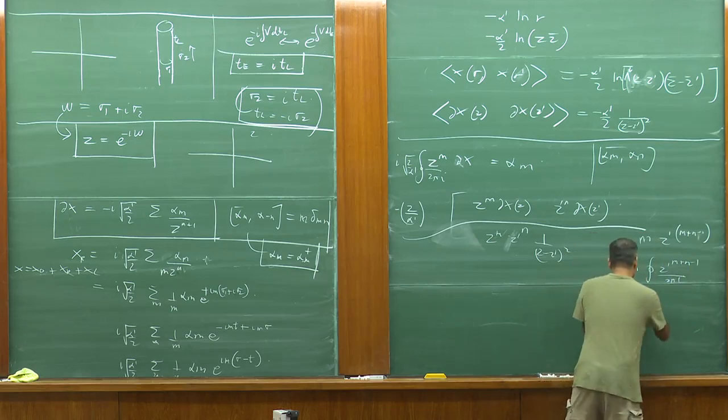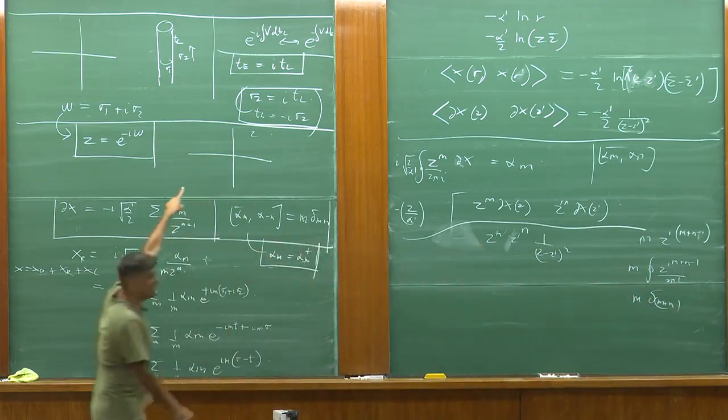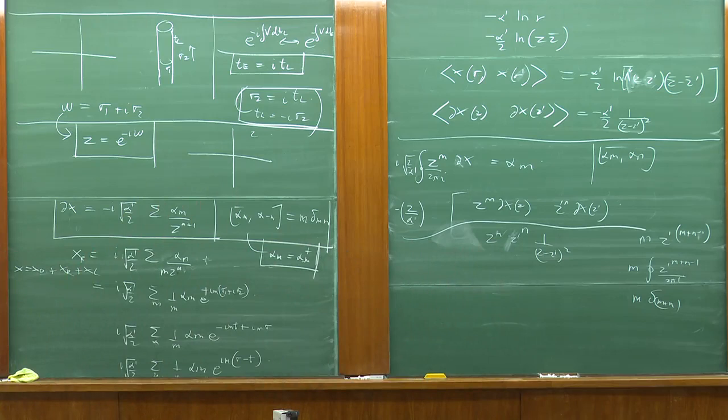But this is equal to m times delta of m plus n by Cauchy's theorem. And so we've recovered the commutation relation that we had before. This commutation relation that we first got from canonical quantization, we can as easily pull out using Euclidean methods and the Schwinger-Dyson equation, using contour manipulations.